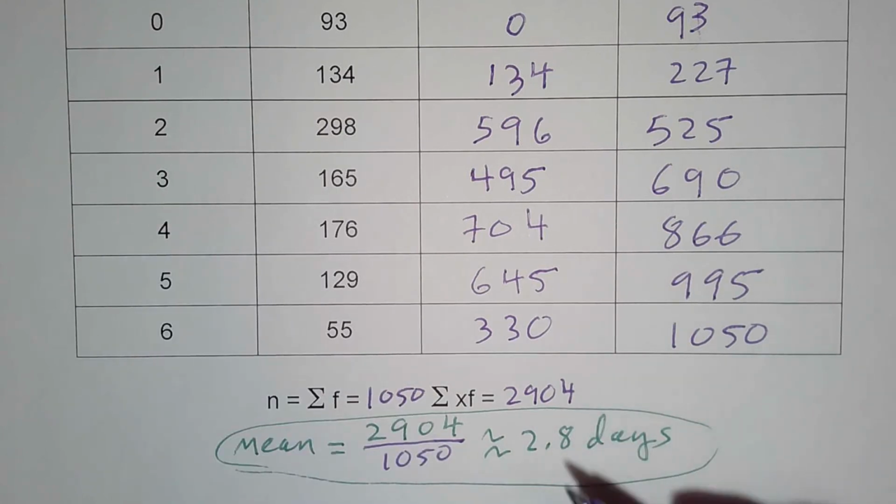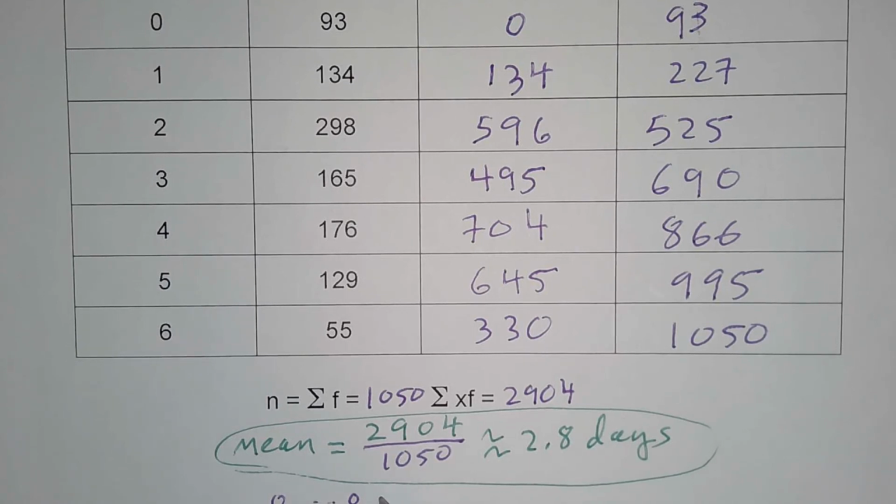So notice, if I'm writing this all out, there's 93 of these zeros. And then I pick up a 1. And there's 134. So this lands me at the 227th number for that last one. Then I got my 2's.